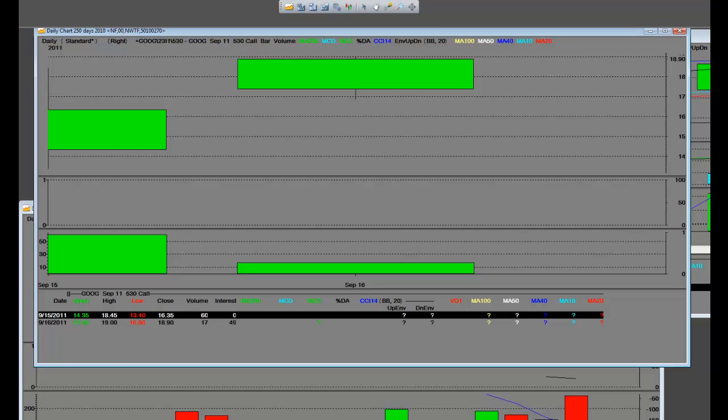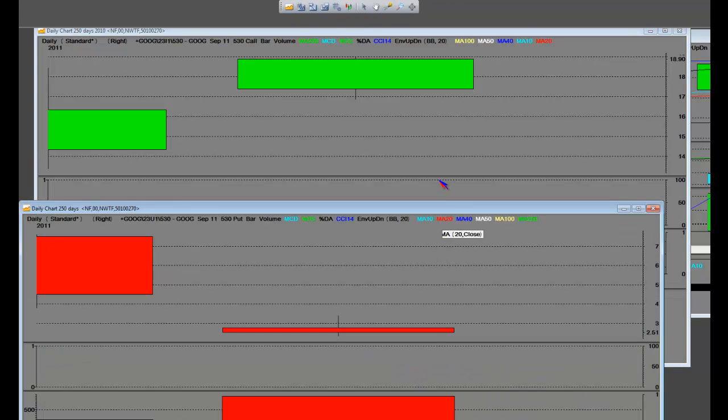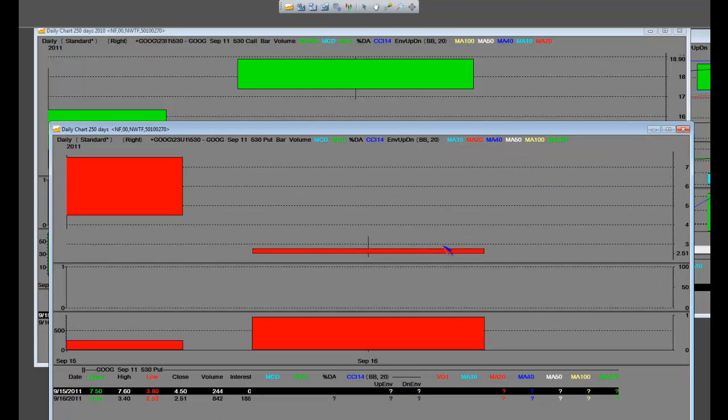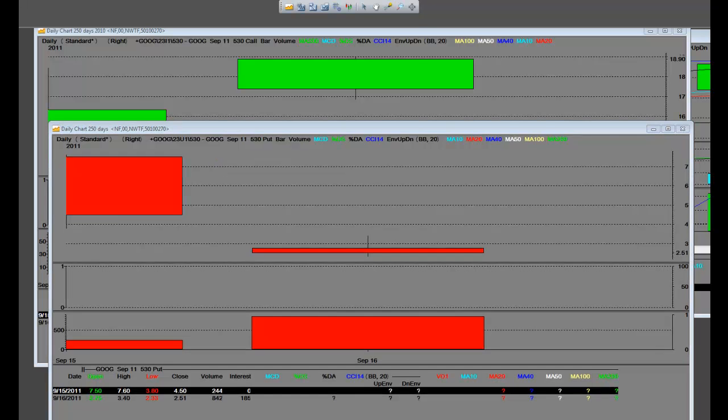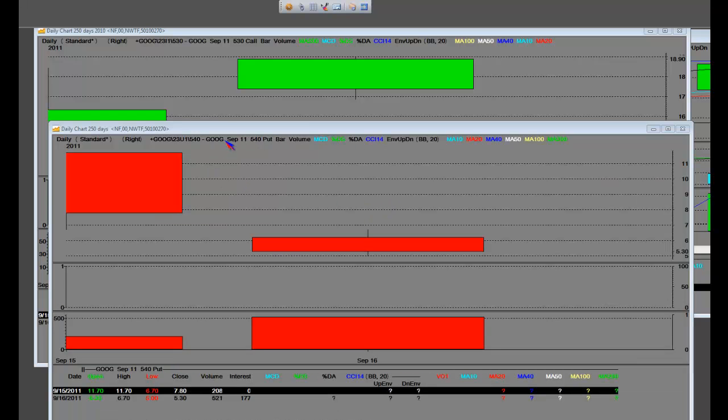But then if you take a look at the out of the money puts below the market, you can see that we're really cheap. $2.51. Yeah, they were 7. They took $5 out of that put right here. The 540 put right here that expires, they were up here at 11.70, and they got them down as low as $5. If Google continues to break higher, these will get even more wholesale.